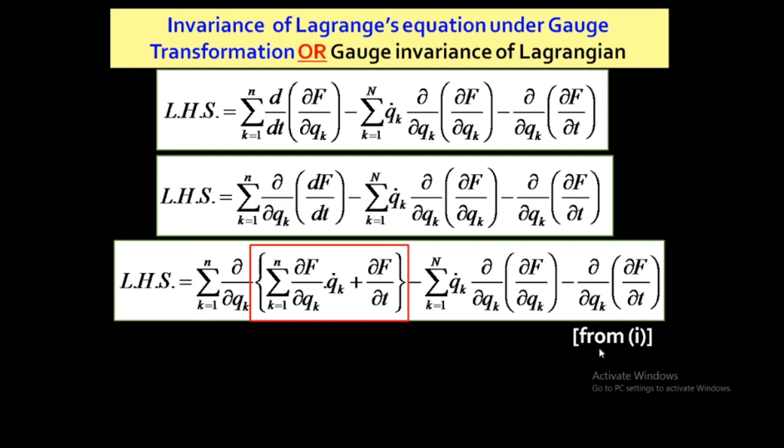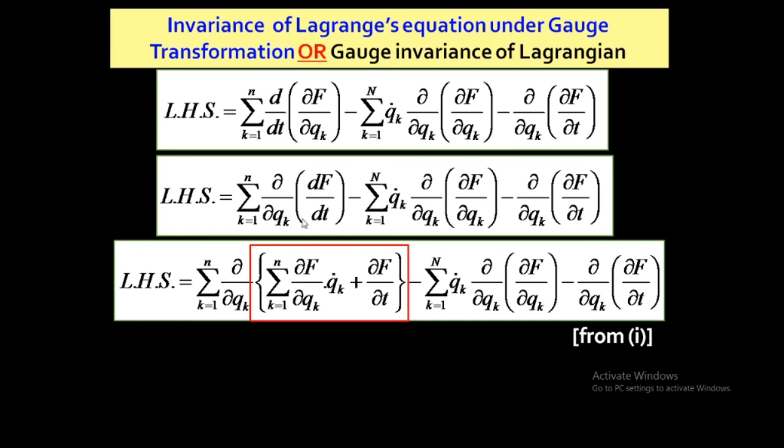Equation 1 says that df by dt is equal to summation over k del f by del qk into qk dot plus del f by del t. This bracket is the value of df by dt from equation number 1. So I am putting the value of df by dt from equation number 1 here.